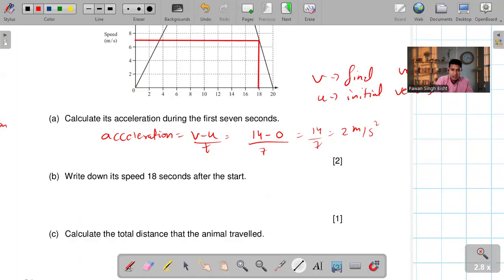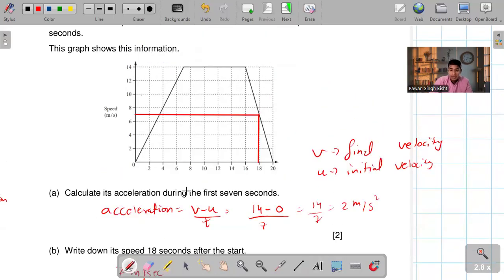You can see at 18 we go up, and then we draw a line parallel to x-axis where it is hitting exactly between 6 and 8. So speed 18 seconds after the start is 7 meter per second, right?